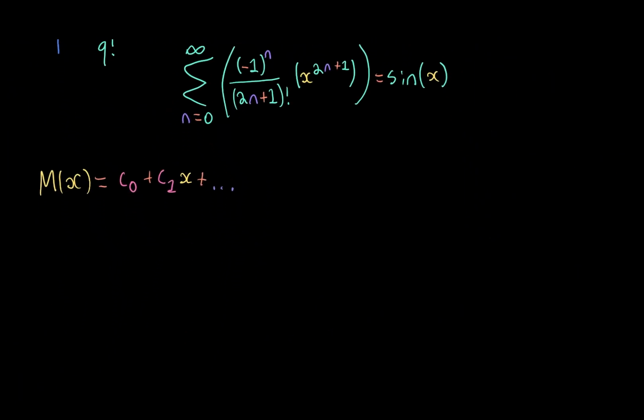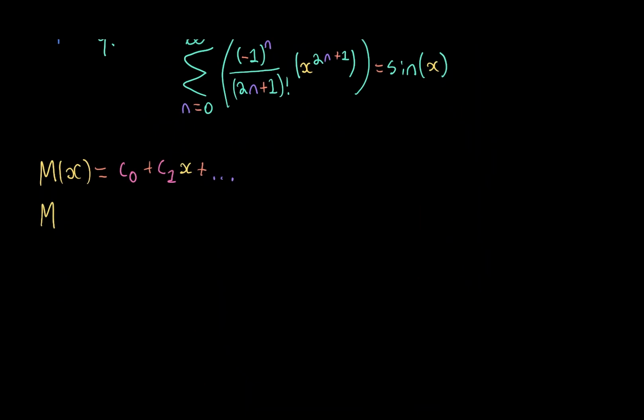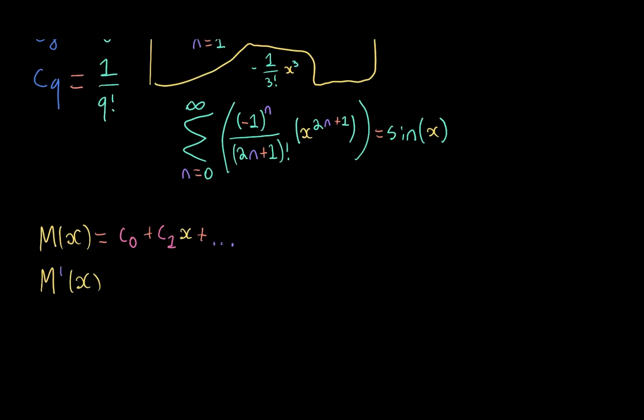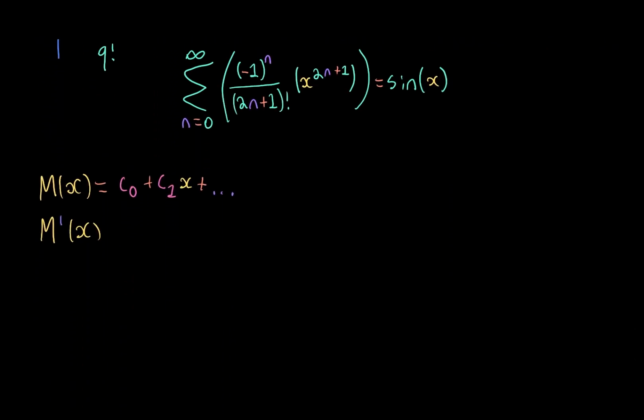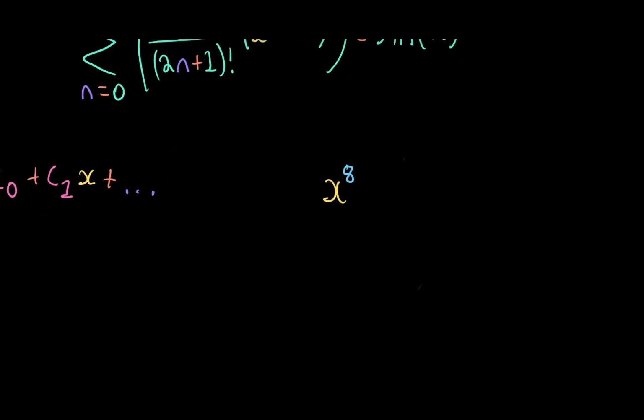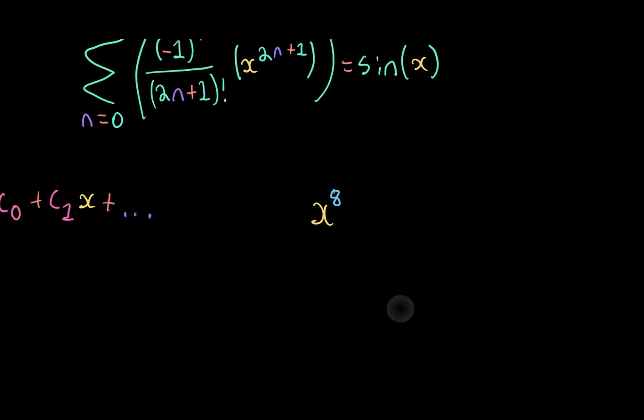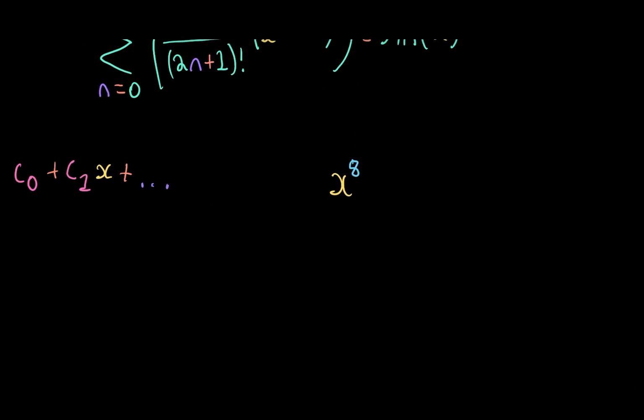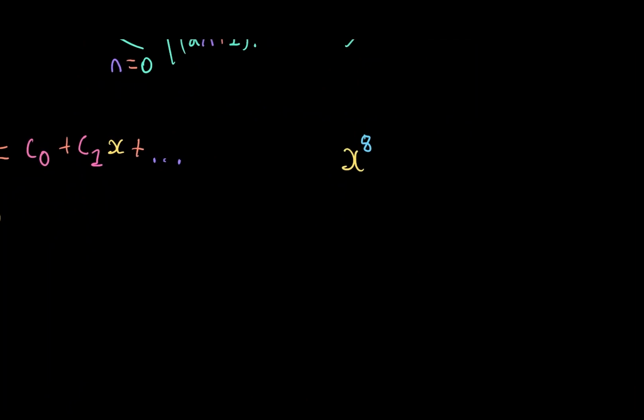Well, if you remember, if we took m prime of x, you applied the power rule here, right? And you'll notice that every time you take a derivative of something, let's say, suppose x to the power of 8, and you took the eighth derivative, it would become 8 factorial.